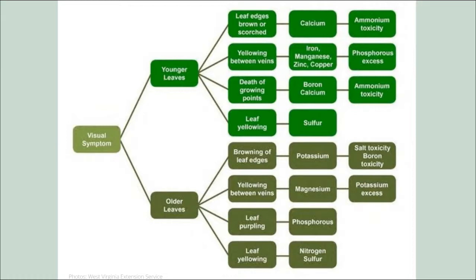A note I will make about trees, because really we're kind of lumping, in this talk, houseplants, vegetables, shrubs, trees. It's just too broad. But with trees, if the leaves do look chlorotic, you can see those darker veins.